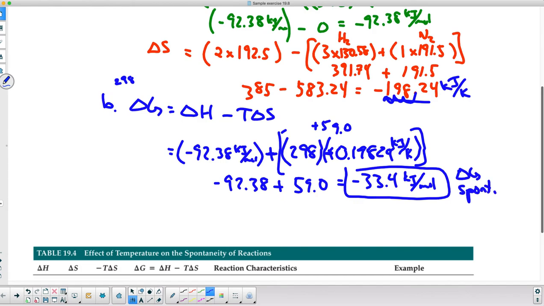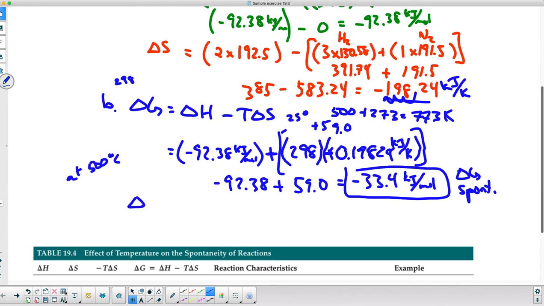Negative 33 kilojoules. So what happens when we increase this temperature from 298, from 25 degrees Celsius, now to 500 degrees Celsius, which when we add 273 to it is 773 Kelvin? Well, I go through exactly the same thing. Here is at 500 degrees Celsius.